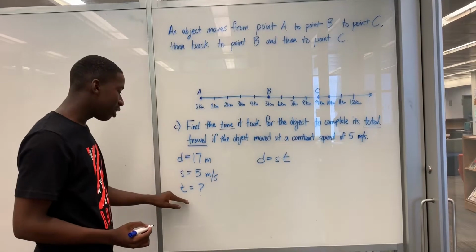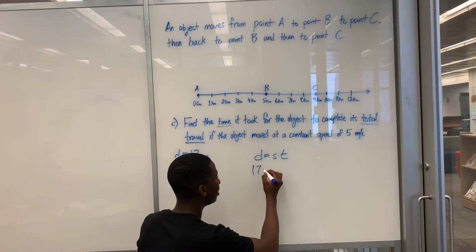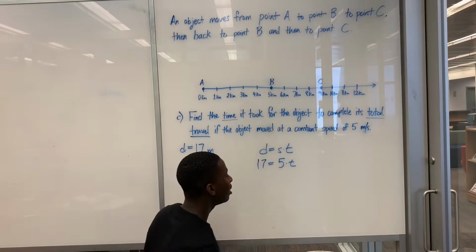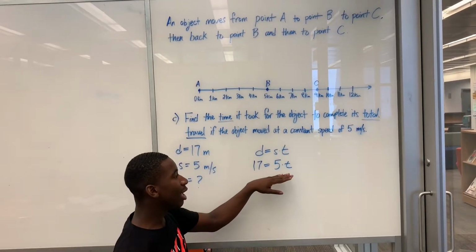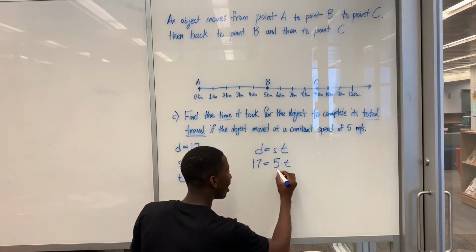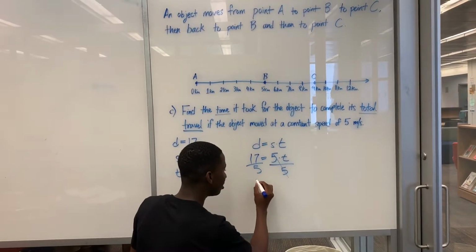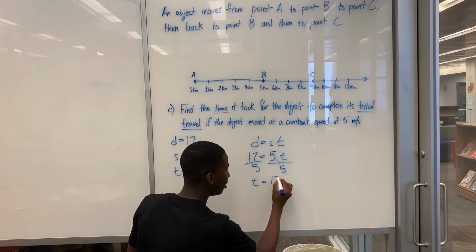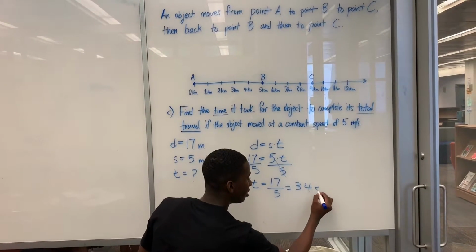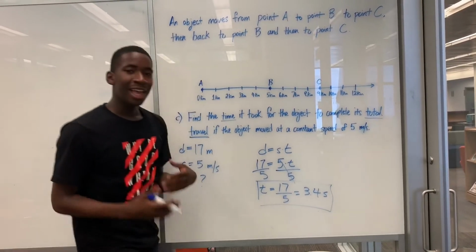So let's plug in our numbers into our equation. 17 is equal to 5 times t. Now, we need to get t by itself with no coefficient in front of it, so we're going to divide by 5 on both sides, and then we'll get t is equal to 17 over 5, which is also equal to 3.4 seconds. And here's your final answer. Great.